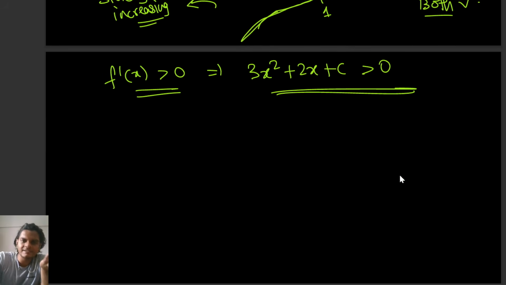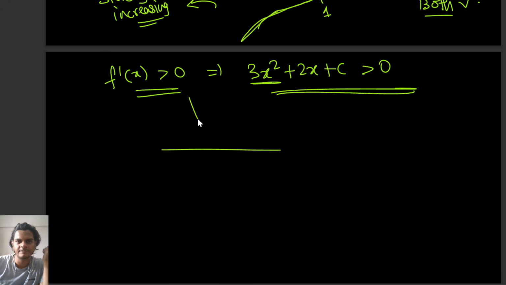When is a quadratic strictly greater than 0? The coefficient of x square is positive, so it would be something like this. It is not even touching. That means D has to be less than 0.